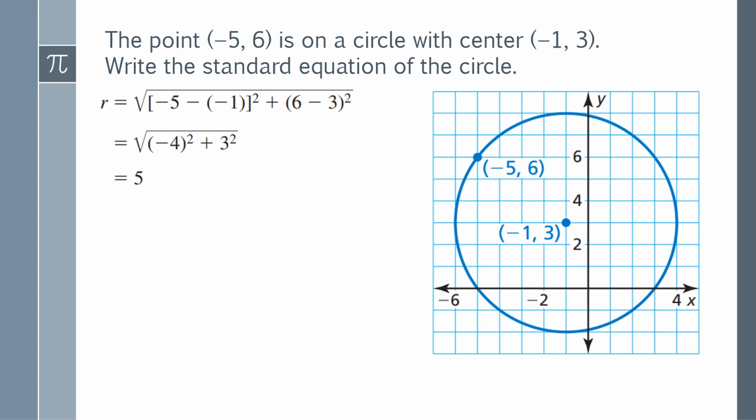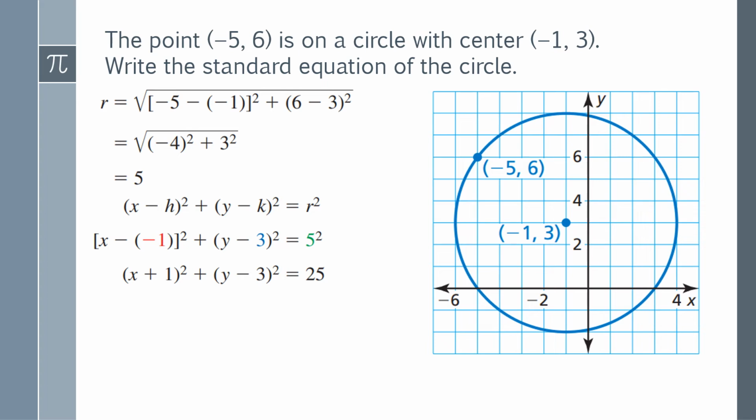You subtract between the two, because you've got to find out what the radius is. When you subtract from the two points, you do get 5. Alright, next, just put in the formula.